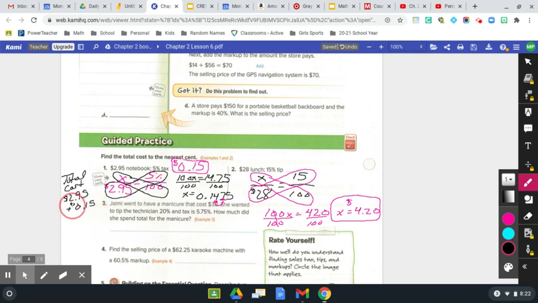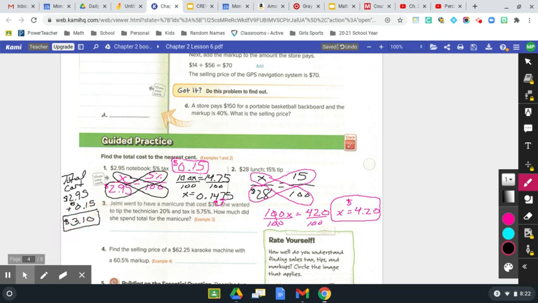We want to know all together what the cashier is going to say that we owe for the notebook. So we're going to add together right now $2.95 plus 15 cents. And so all together, you owe $3.10 for that notebook.